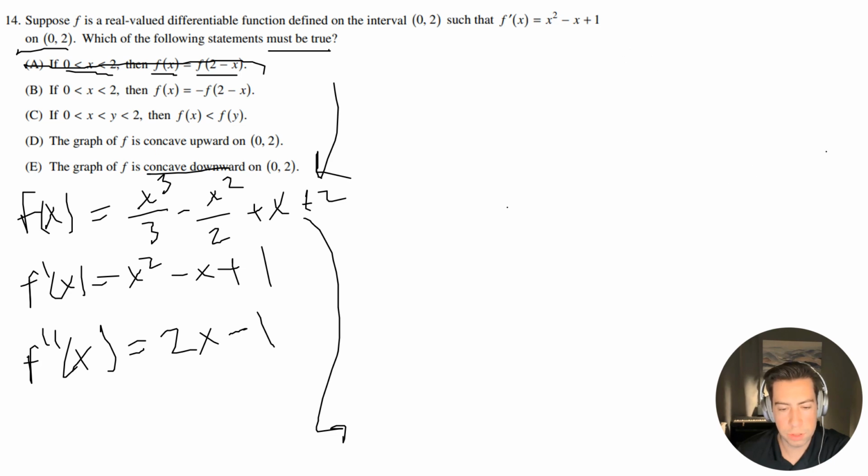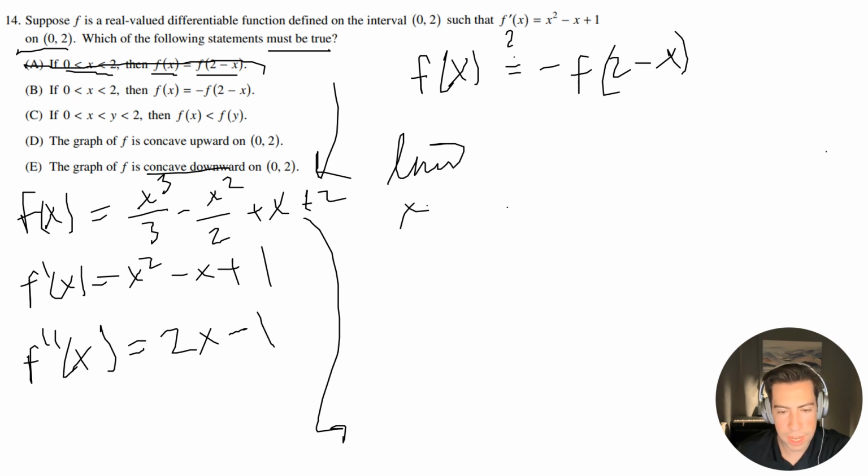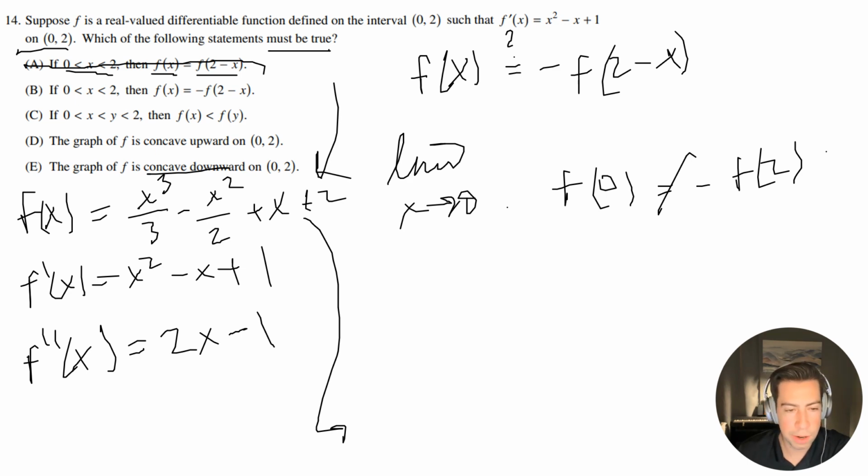What would happen if I did the same thing for B? If I said f of x is equal to negative f of 2 minus x, again, in the limit as x approaches 0, I'm going to get f of 0 and then negative f of 2, and clearly these are not the same thing, so it can't be B either.